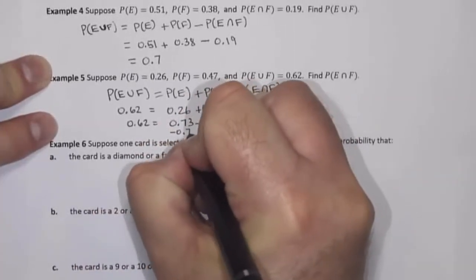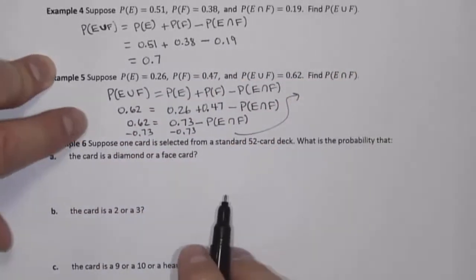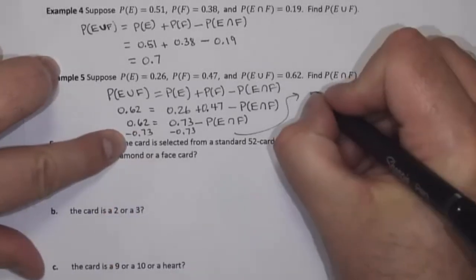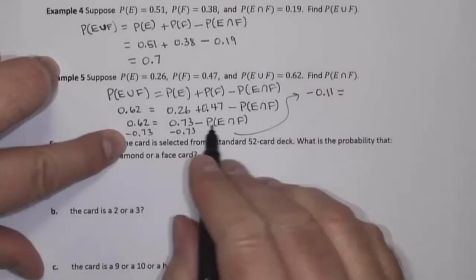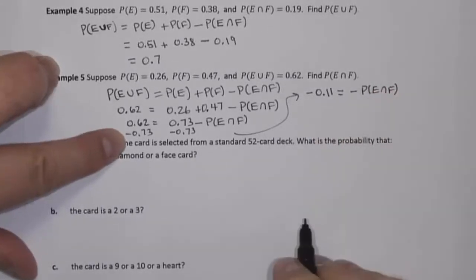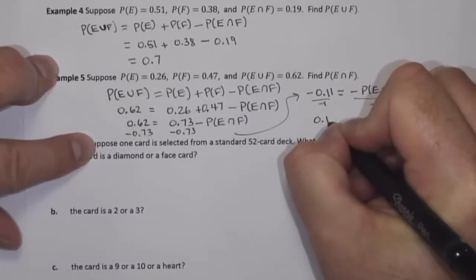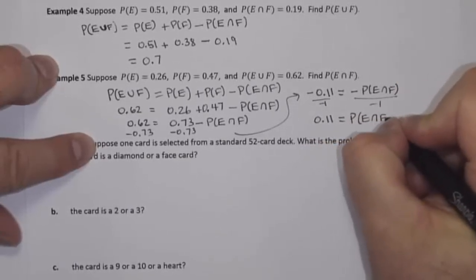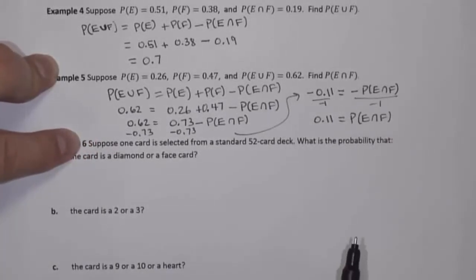Then 0.62 minus 0.73 is going to be negative 0.11, and that's going to equal negative the probability of E intersect F. So if I divide both sides by negative 1, then I get 0.11 equals the probability of E intersect F. So the probability of E intersect F has to equal 0.11.